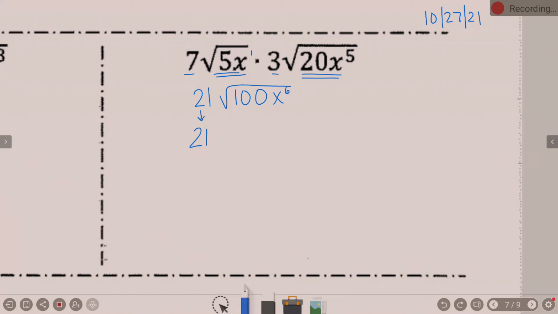What do you know about the square root of 100? It's 10, right? It's on our blue paper, which means it's a perfect square. So the square root of 100 is 10.